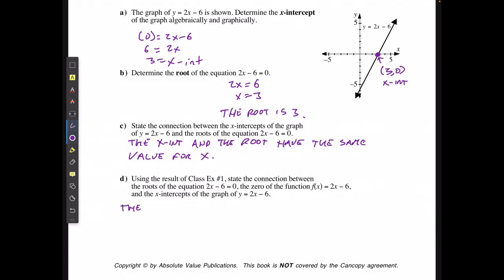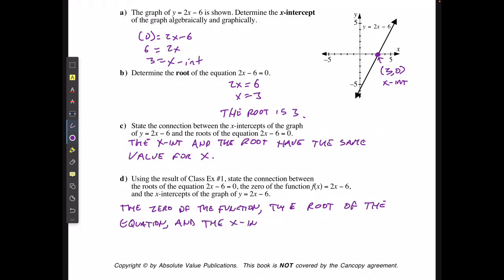The 0 of the function, the root of the equation, and the x-intercept of the graph share the same x value.